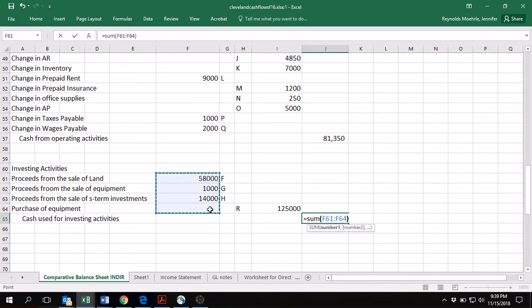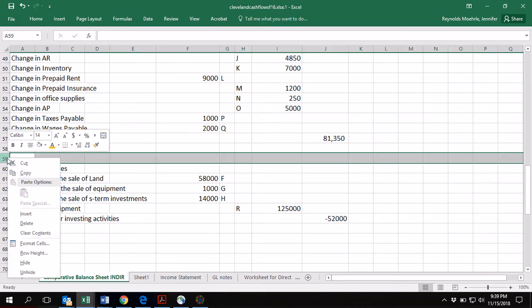But that's one of the nice things about the statement of cash flows, you know before you start what the answer has to be. All right, good. That's what we wanted. So this is my cash used for investing activities. It's negative $52,000.